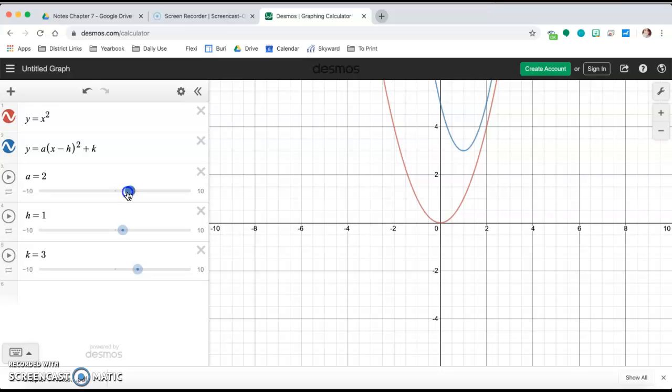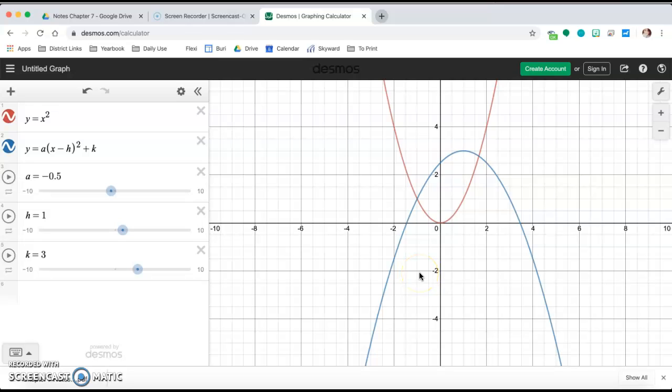And finally, if we move it backwards and we move it down to negative 1/2, notice not only, I've gone too far. Not only has it flipped it over, instead of being a happy parabola, now it's a sad parabola, it's also increased the width.